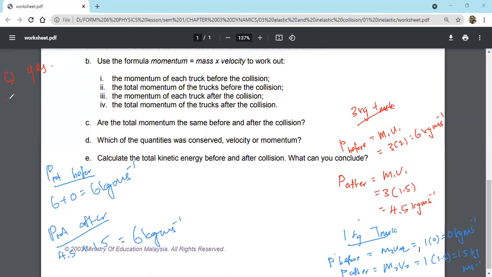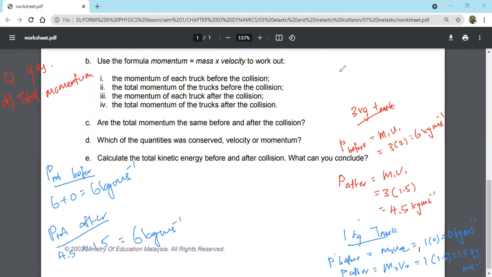How about D? Which of the quantities was conserved, velocity or momentum? So it is total momentum. Don't write momentum only, total momentum. And calculate the total kinetic energy before and after collision.